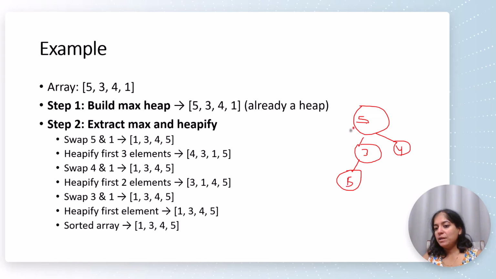So 5 will come here, 1 will come here. Now 5 is not part of the heap, right? Because we are reducing the heap size by 1 every time. Now, to maintain the heap property, we will compare 1 with 3 and 4. Since 4 is greater, 4 will come here and 1 will come here, right?